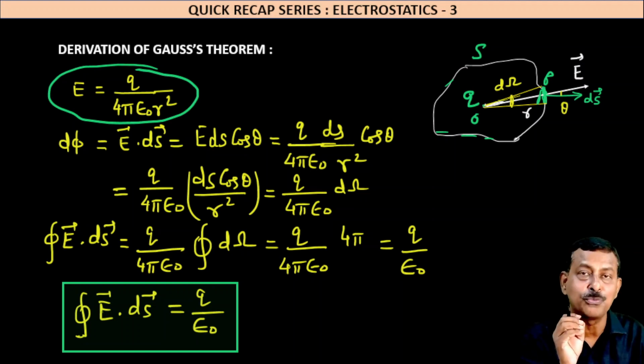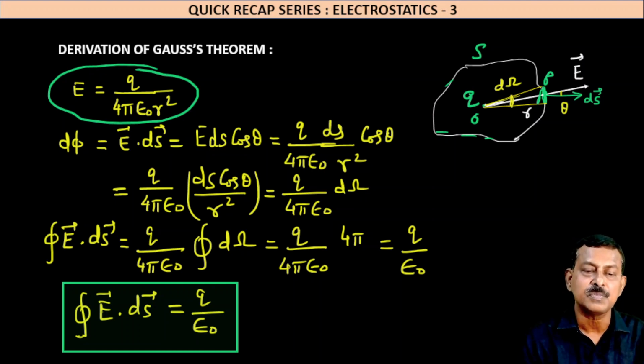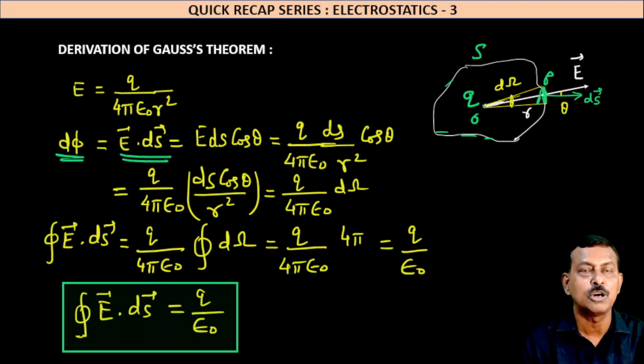If I want to find the electric flux through this elementary area ds vector, it will be d phi, which is E dot ds. We can write this as E ds cos theta. For E, if I substitute, it is q by 4 pi epsilon naught r square, times ds cos theta.